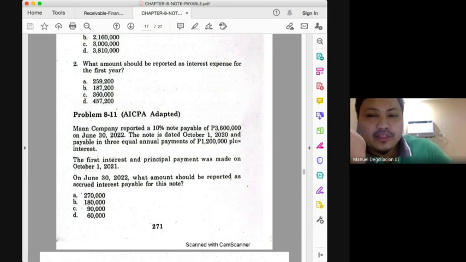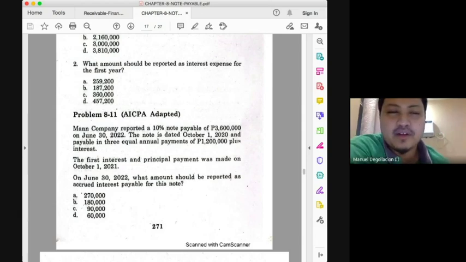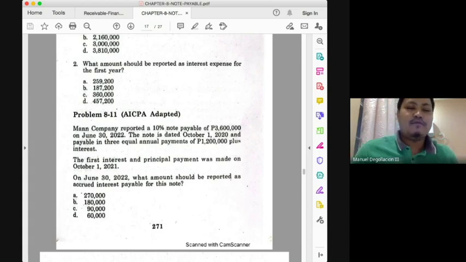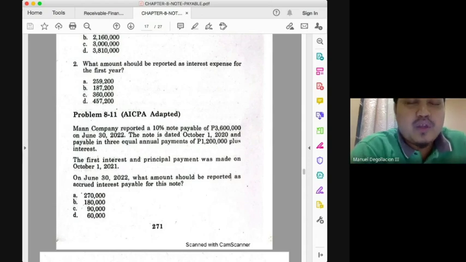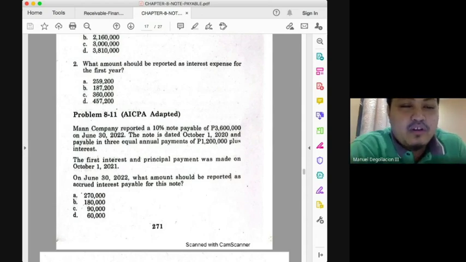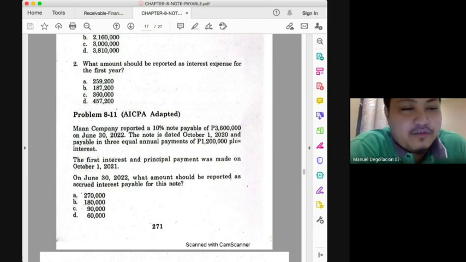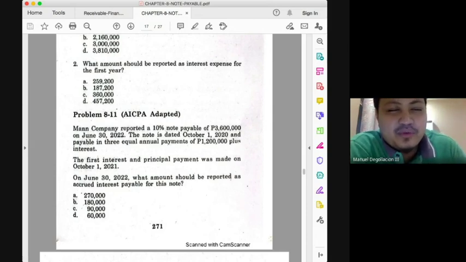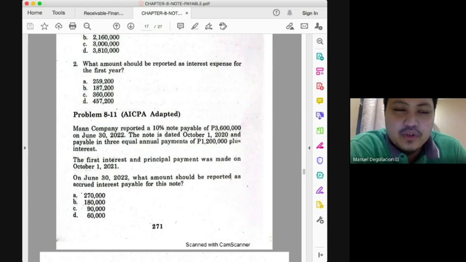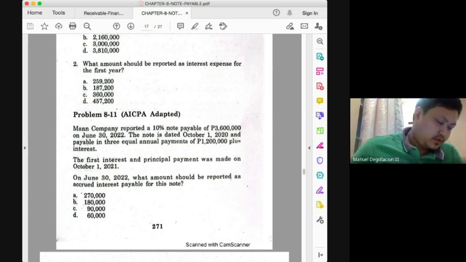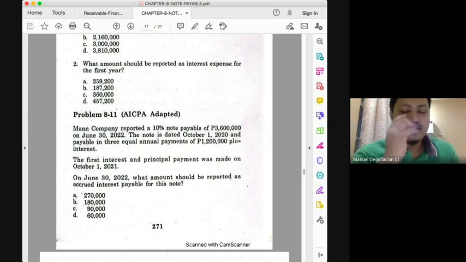Okay, and we can use as basis the 240,000 we have computed earlier. Okay, if the interest from October 1, 2021 to October 1, 2022 is 240,000, but we are only looking for the interest that was earned from October 1, 2021 to June 30, 2022, so you will just have to multiply it with the correct fraction.